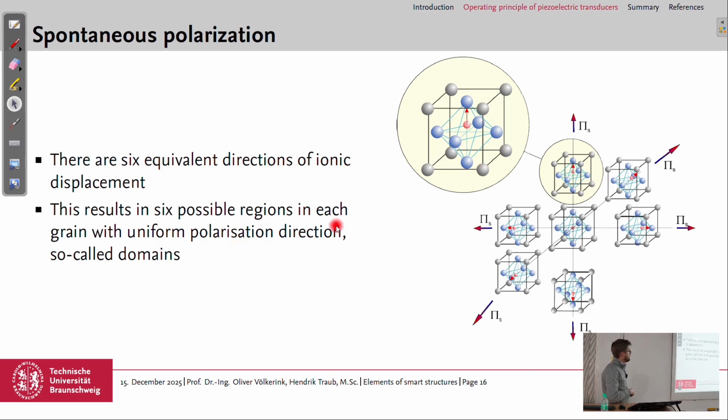This leads to so-called domains. So you have the crystal structure, which is divided in grains, and inside these grains, you have different domains. Each domain has the same polarization direction. This characterizes the domains.